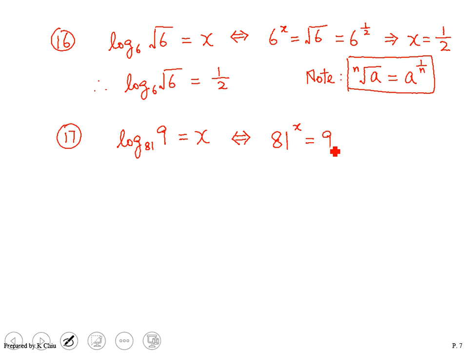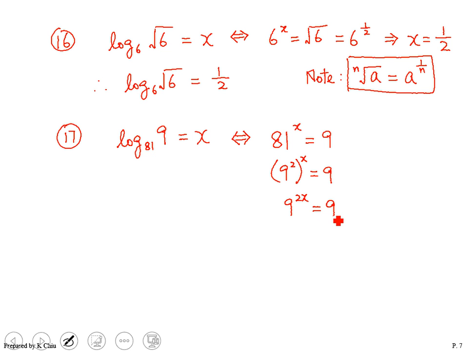It would be hard to think of, since 81 to the first is already 81. What we could do is turn both sides to have the same base. 81 happens to be 9 squared. So now I have 9 squared to the x power is equal to 9. So that means 9 raised to the 2x is equal to 9.